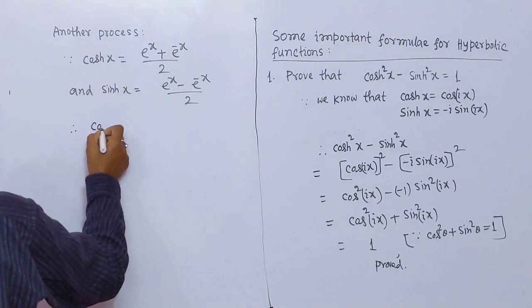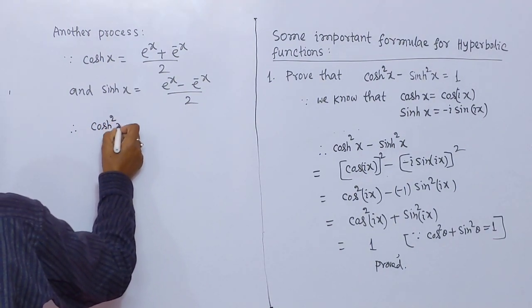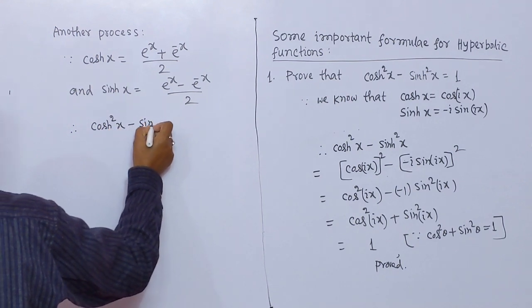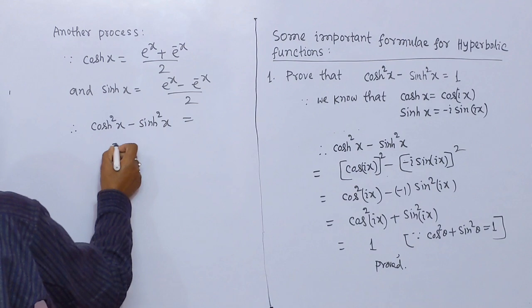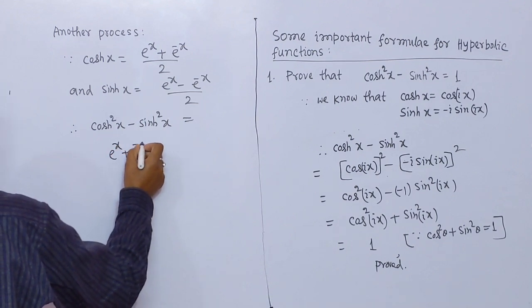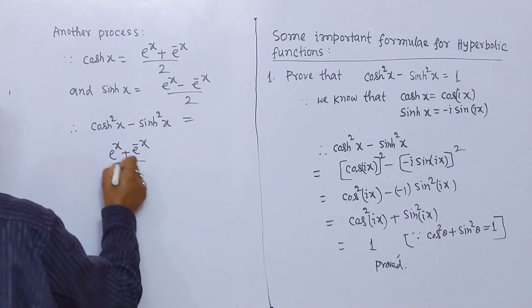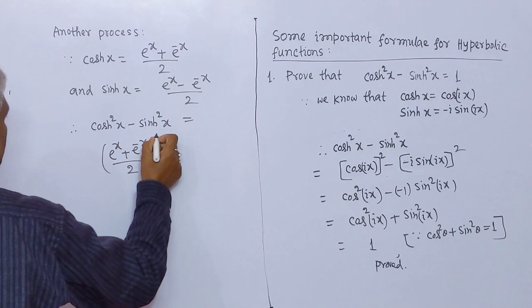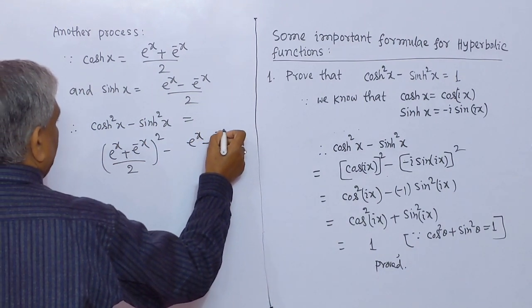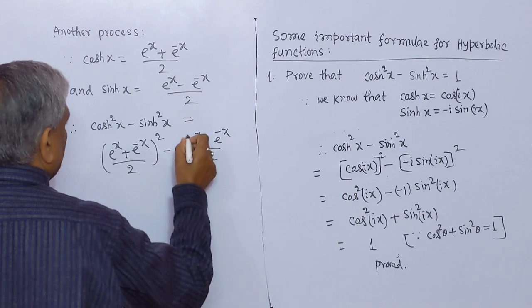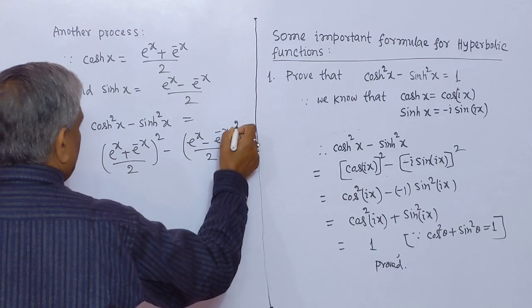Therefore, cosh square x minus sinh square x equal to e to the power x plus e to the power minus x by 2 whole square minus e to the power x minus e to the power minus x by 2 whole square.